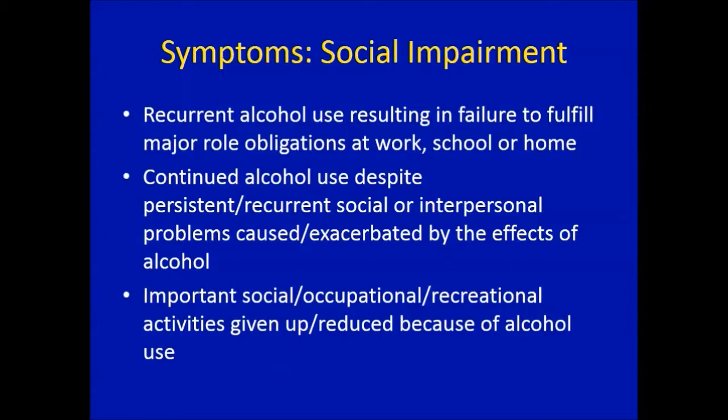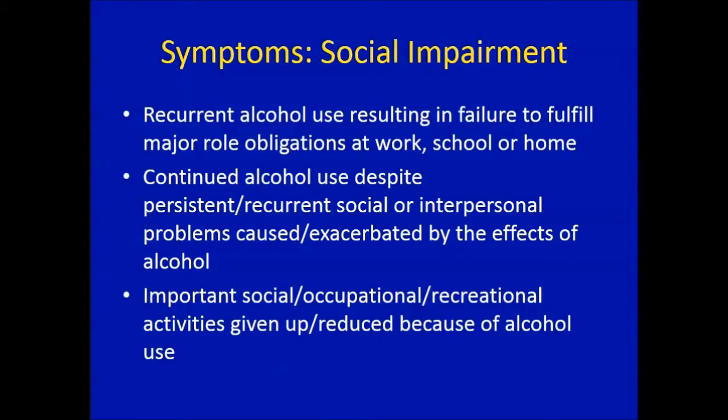So for example, somebody might be involved in a recreational activity that they need to drive to, and they might make a safe decision that because they need to drive there, that if they are regularly drinking and would have to drive while intoxicated to get there, they might decide to quit that activity. So on one hand, that's a safe decision because they're choosing not to drive while under the effects of alcohol.